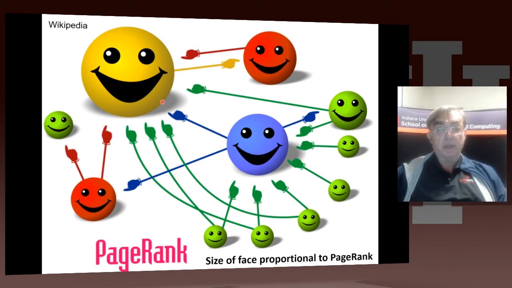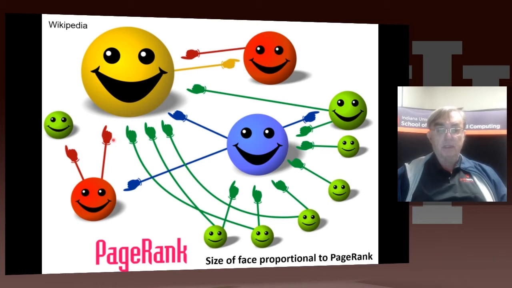Here's an example from Wikipedia of pages. Each happy face is a page. We have pages here which point to other pages, either to this yellow page or this blue page, and these pages here are not pointed to by anybody. You only get to them by using the 0.15 probability of typing their URL into the web browser. There's a yellow one up here.